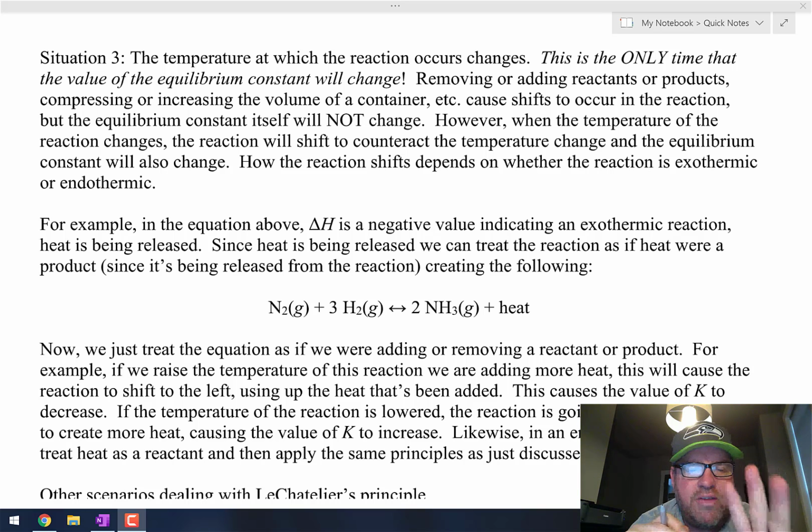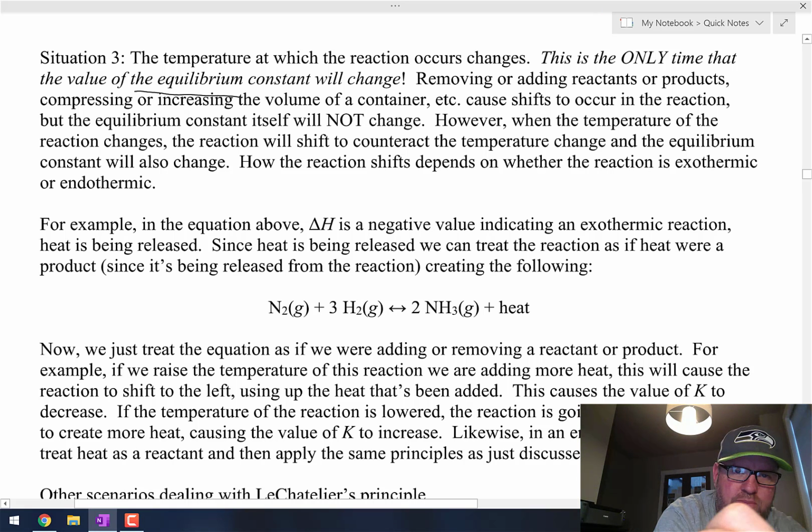Okay, our third and final situation deals with temperature. When you change the temperature of an equilibrium system, that is the time that absolutely the equilibrium constant will change.